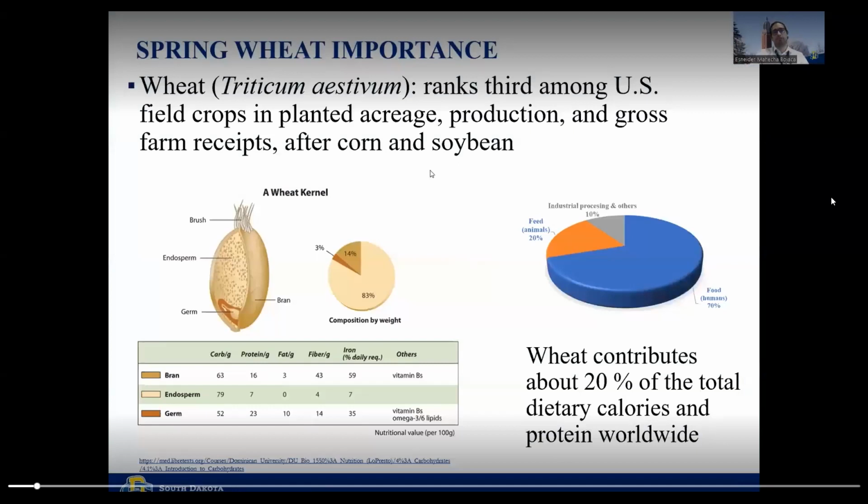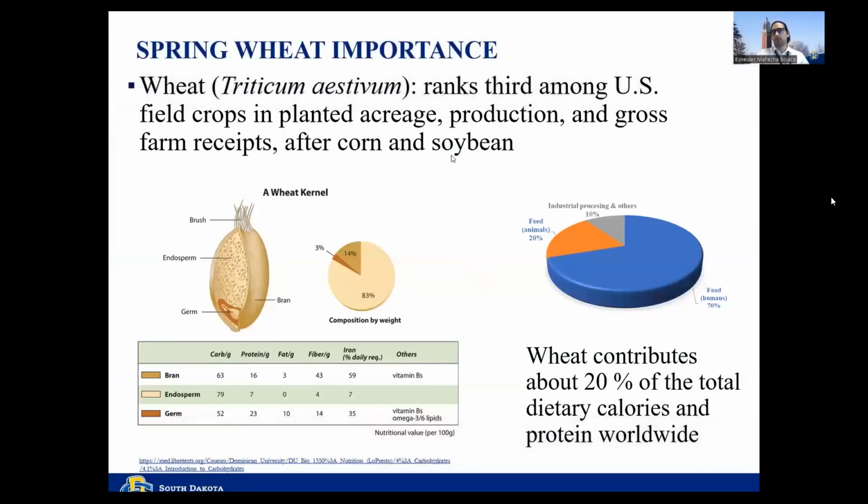As a little introduction, spring wheat, Triticum aestivum, ranks third among the United States field crops in planted acreage, production, and gross farm receipts after corn and soybean. It is also a good source of vitamin B, and wheat contributes about 20% of the total dietary calories and proteins worldwide.